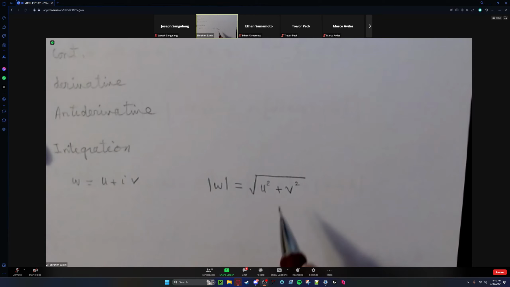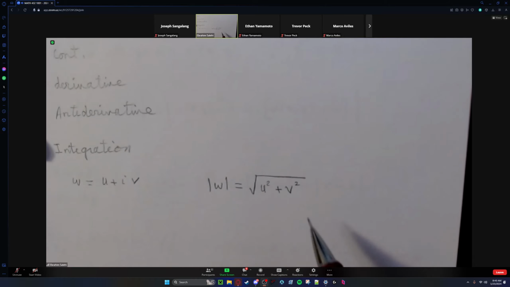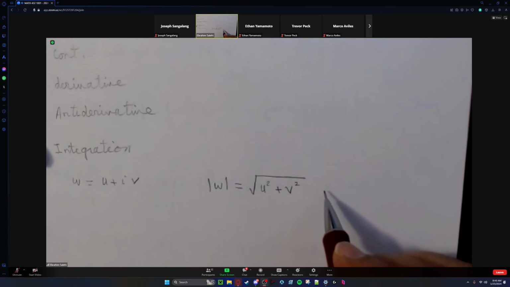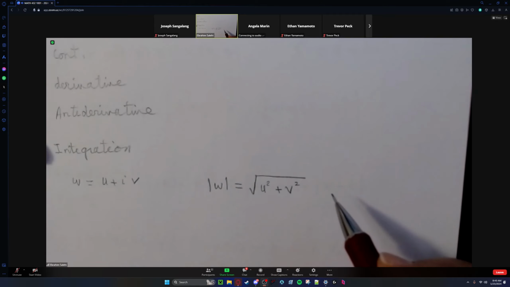Okay? So under this radical, we have u squared plus v squared, which are two non-negative quantities. So definitely this will be bigger than or equal to each one of these, right?